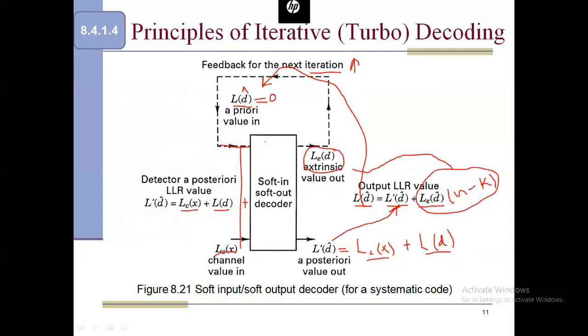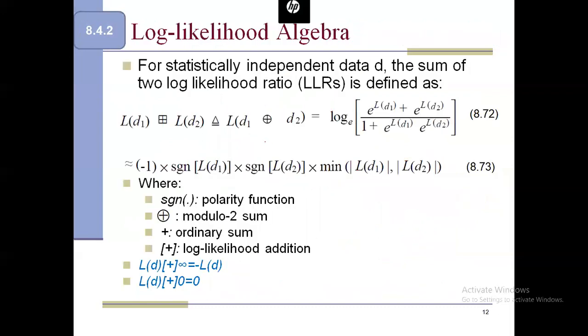So this will be more clear in the examples. First, I tell you the log likelihood functions. You are familiar with this. This is the modulo 2 sum of two data bits.